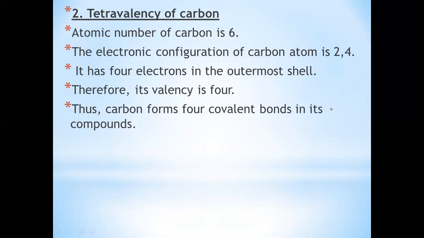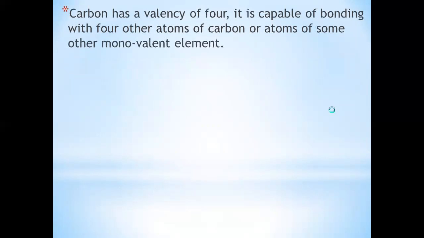Carbon forms 4 covalent bonds in its compounds. It is capable of bonding with 4 other atoms of carbon or atoms of some other monovalent element. Monovalent elements mean having valency 1.